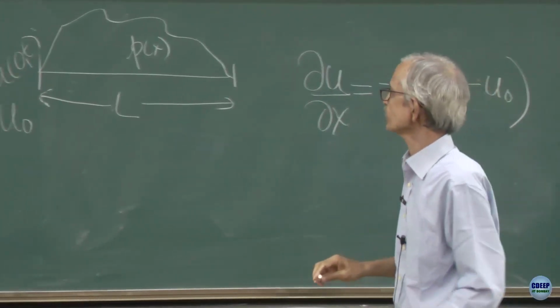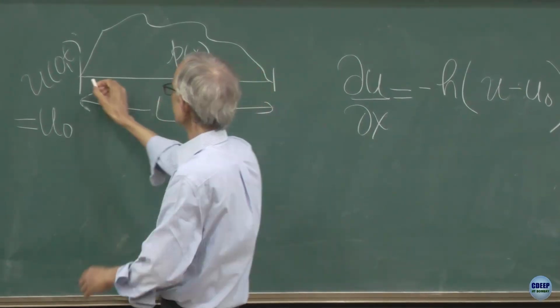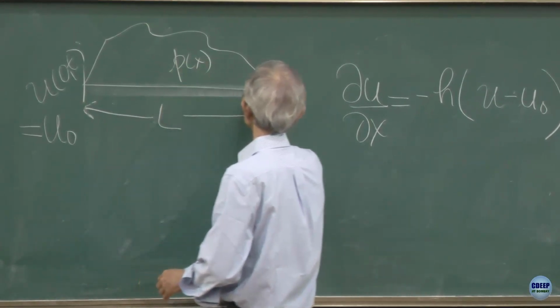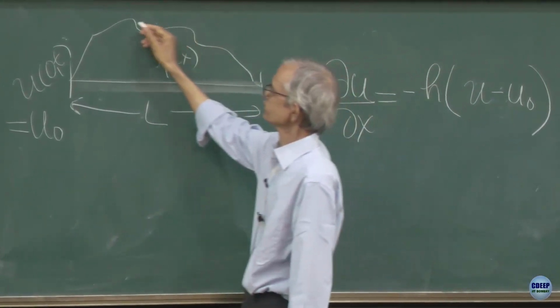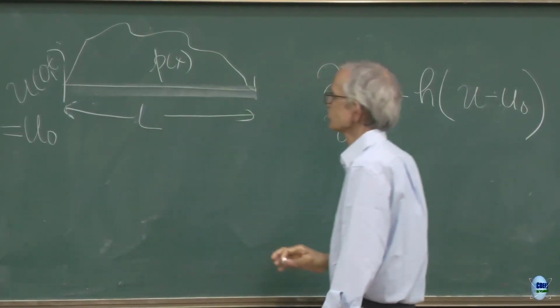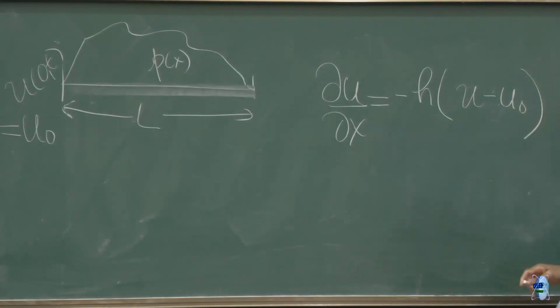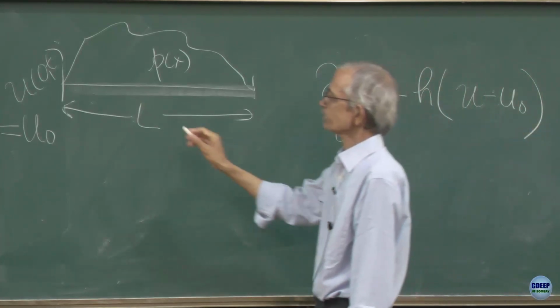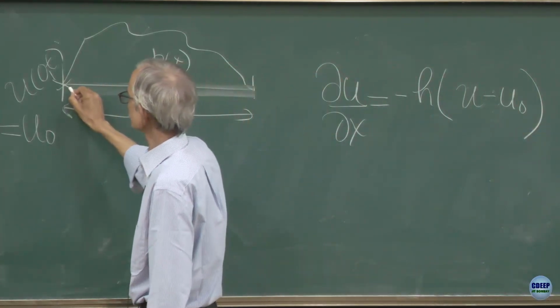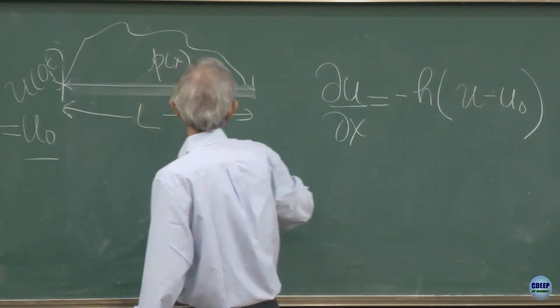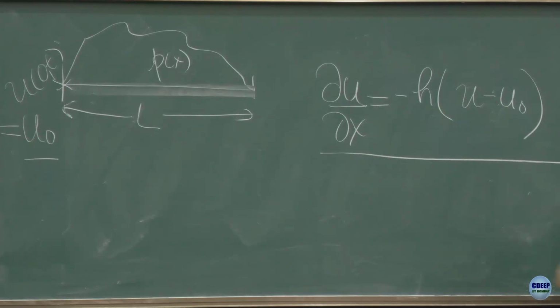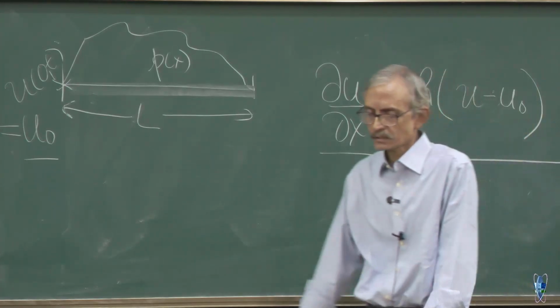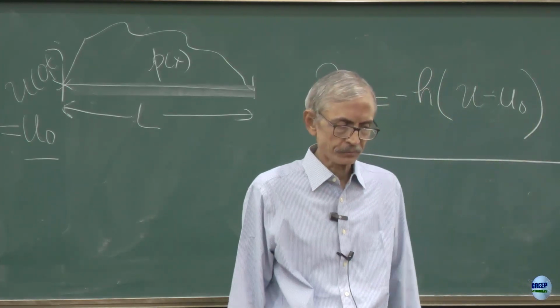So I've got a domain which is L, there is a funny initial condition on it that doesn't bother us very much, the left side is given to be a number u naught, and the right side is given to look like so. That's the situation that we would like to get a solution for.